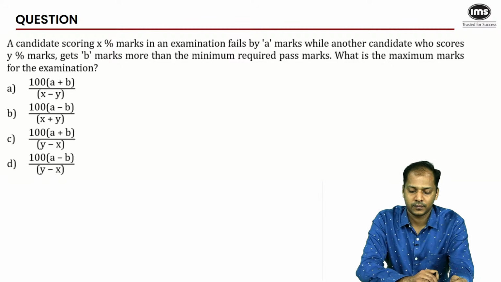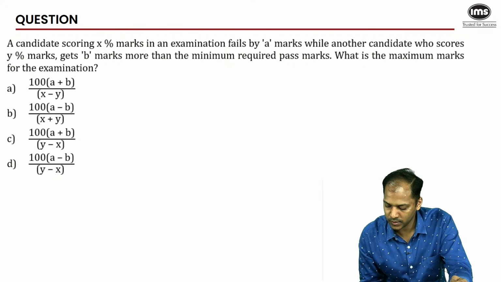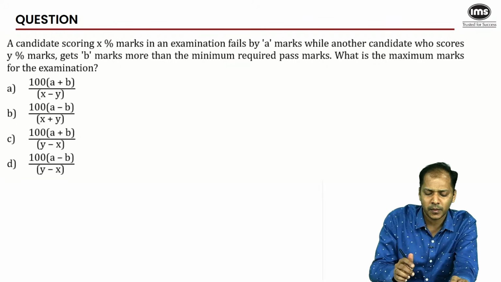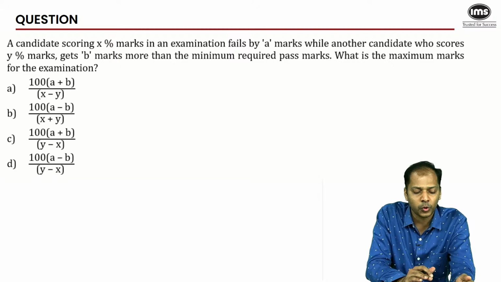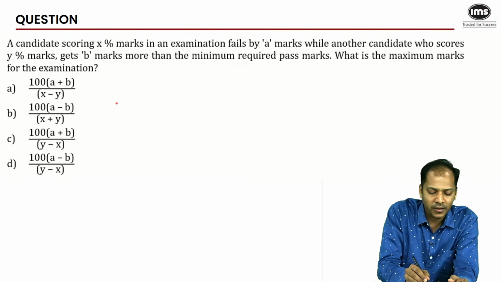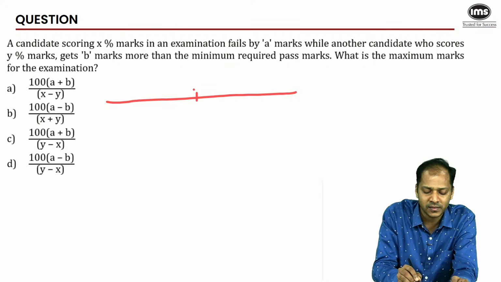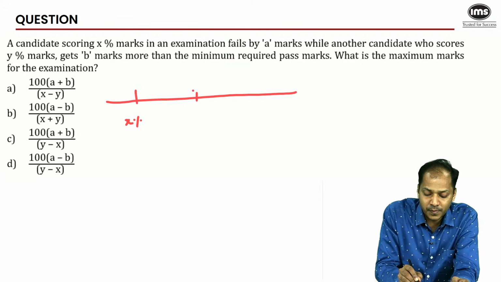Okay, wonderful. I'm not sure what method works the best, but I could think of one method where I might substitute values here, at least first of all to understand what's happening. So they say there's this number line, this is the passing marks. Someone who scored X% fails by A marks, so this gap is A marks.